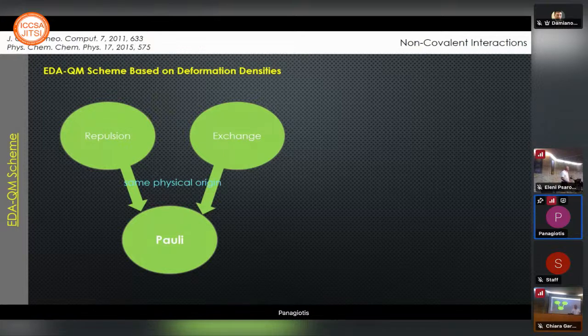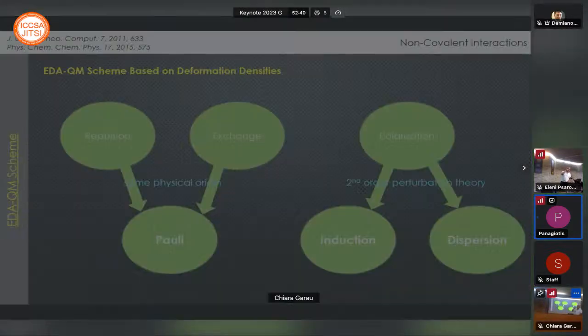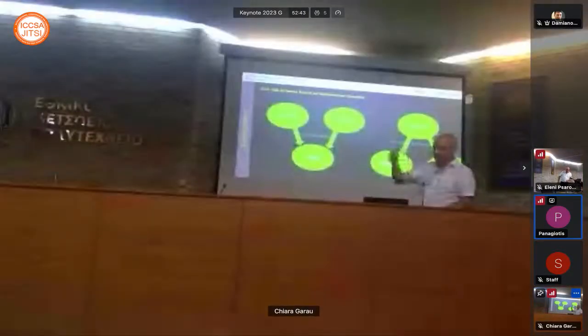Those who have some knowledge of quantum mechanics know perfectly what the Pauli exclusion principle is. So they can be analyzed separately, but they are usually included in one term. And, as I mentioned before, we use the second order perturbation theory to split polarization into induction and dispersion. Then we have the final decomposition: electrostatic, Pauli, induction, and dispersion.